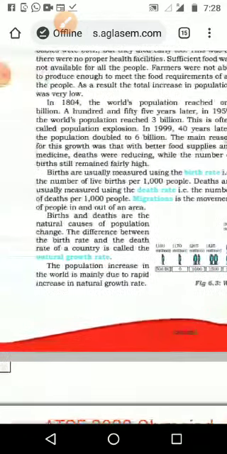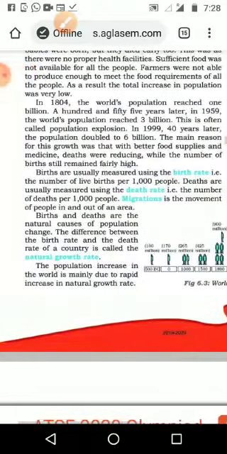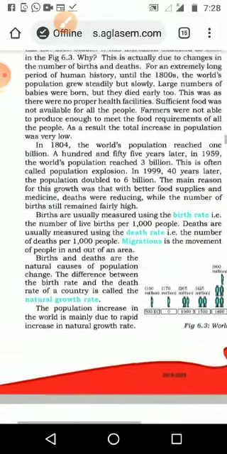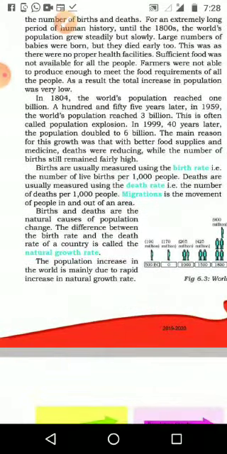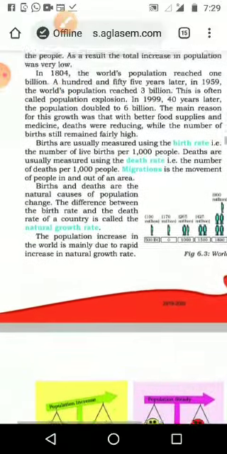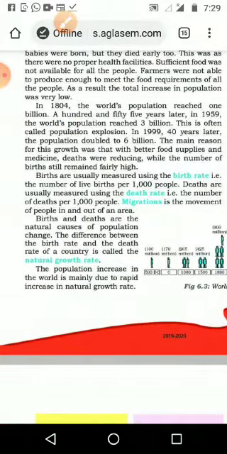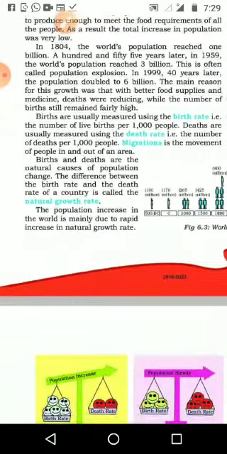Because in almost every area we became independent and started our own government, and every government tried to give better food and better medical facilities to the people. That's why the death rate decreased, but the birth rate continued in the same way. So the population doubled in 50 years, not only in India, but everywhere in the world.